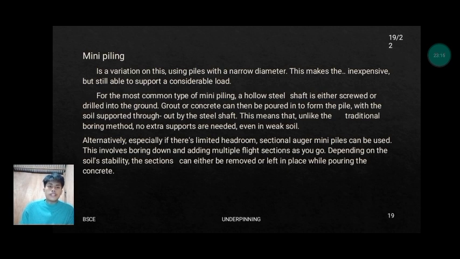Grout or concrete can be poured down the pile, with the soil supported throughout by the steel shaft. Alternatively, especially if there's limited headroom, sectional auger mini piles can be used. This involves boring down and adding multiple flight sections as you go. Depending on the soil stability, the sections can either be removed or left in place while pouring the concrete.